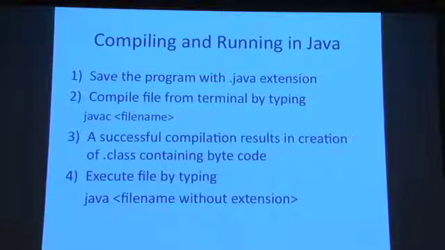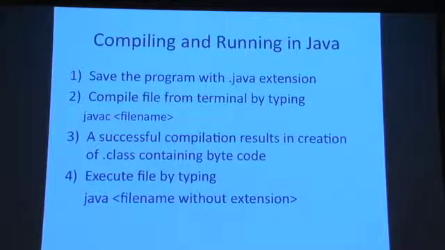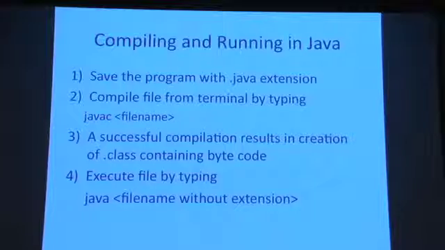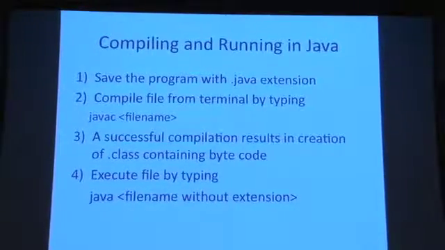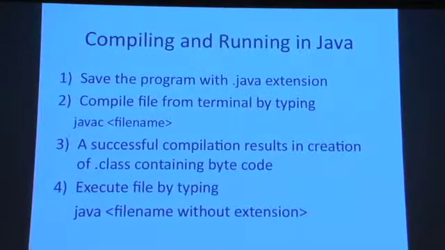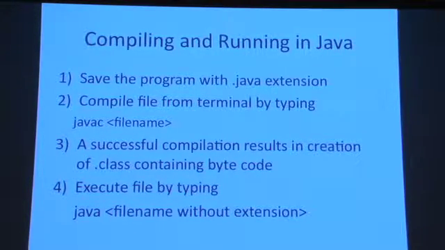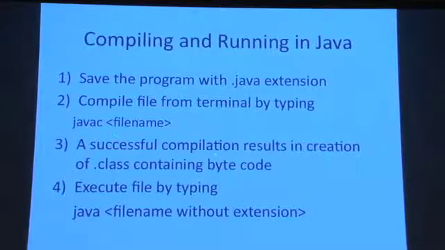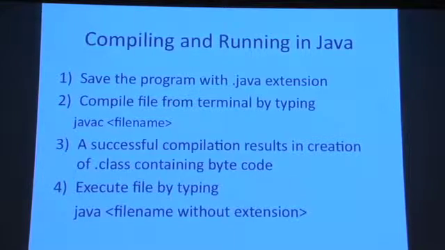Next, after you write something, we'll go over how to write a hello world program later on, but you want to compile and run your Java program. You save your program with the .java extension, and then you compile your file. You go to your terminal by typing javac and the file name. In the case of hello world, you'd have javac HelloWorld.java.